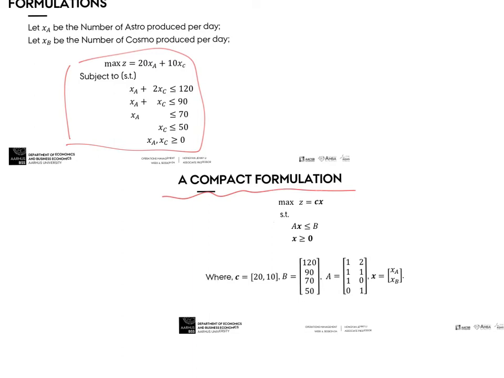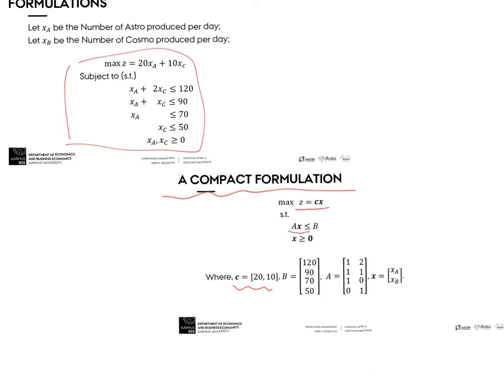Now you can see you put the decision variables or the other coefficients of your model into matrix form. So here we can see the objective function can be written as a vector product of c times x. So the c, small c, is the contribution margin coefficient vector.